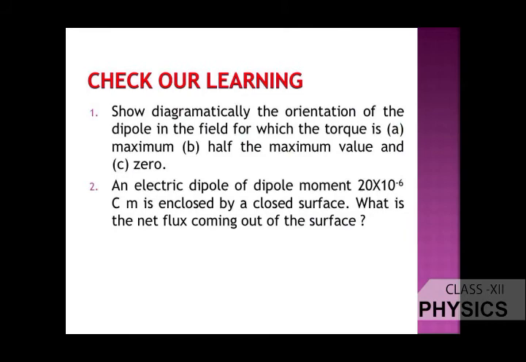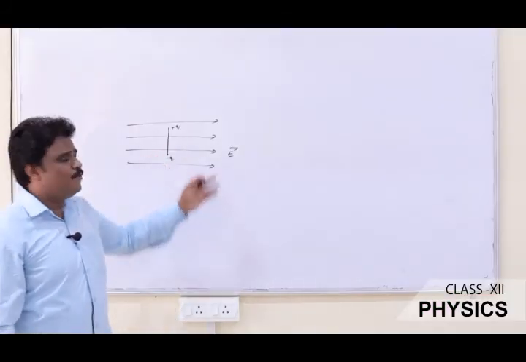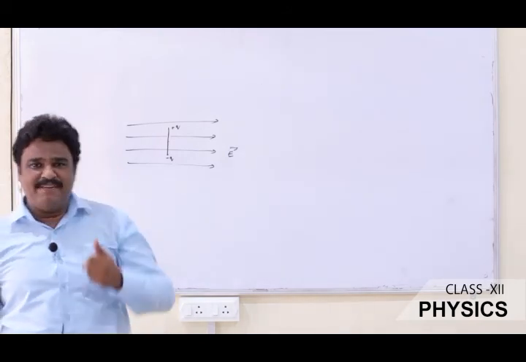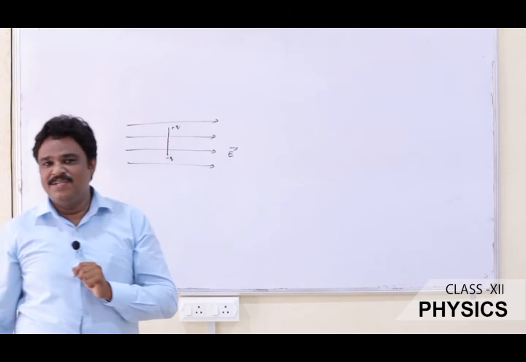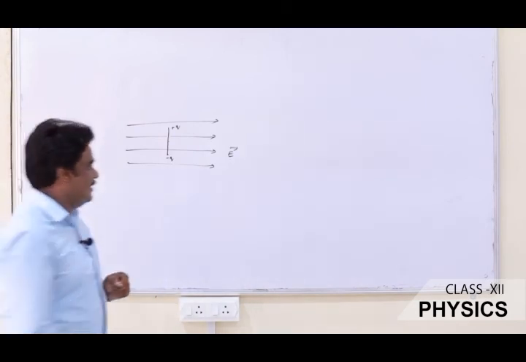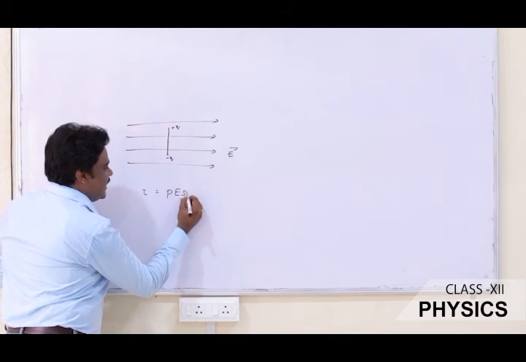Second, in the same question they are asking what orientation corresponds to half the maximum value of torque. Now we know 90 degrees corresponds to maximum torque, so we have a sense that 45 degrees will lead to half the value, but it is not so. You have to check mathematically. You know tau is PE sin theta.